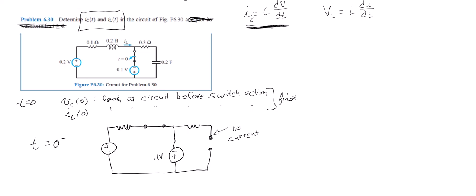And so that means if the bottom is ground, then right here the voltage would be negative 0.1.